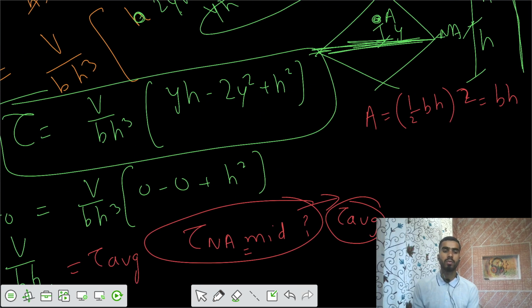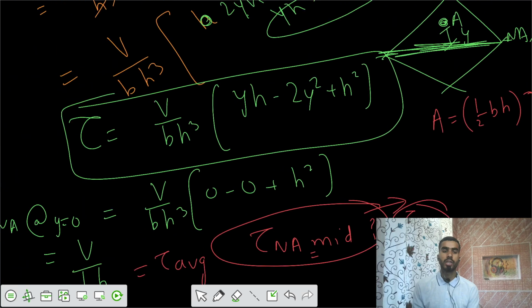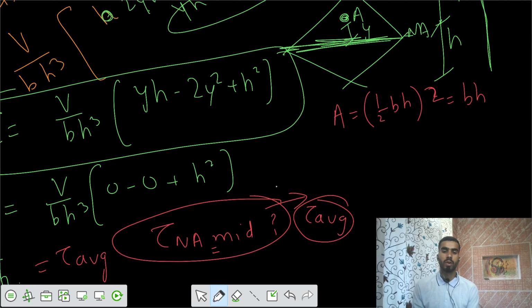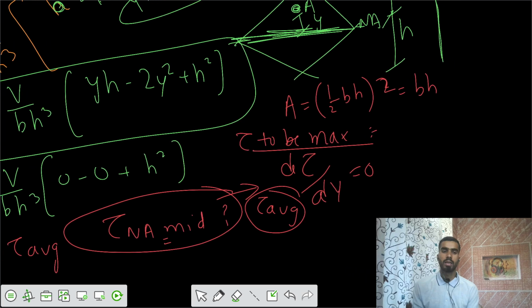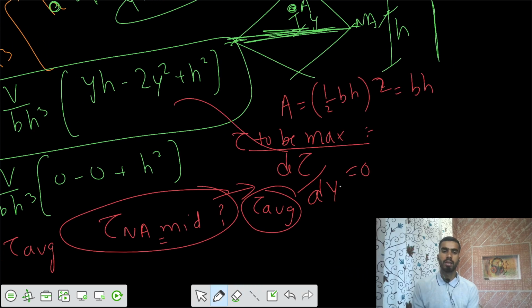So at what location y is the shear stress maximum? For tau to be maximum, you differentiate it: d tau by dy should equal 0.